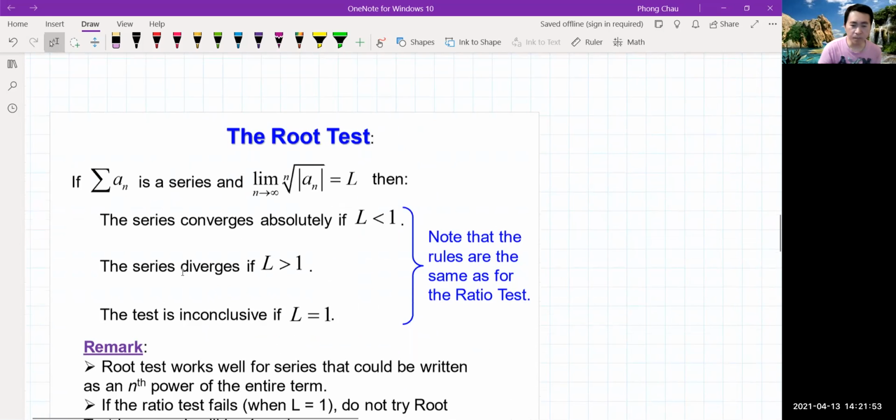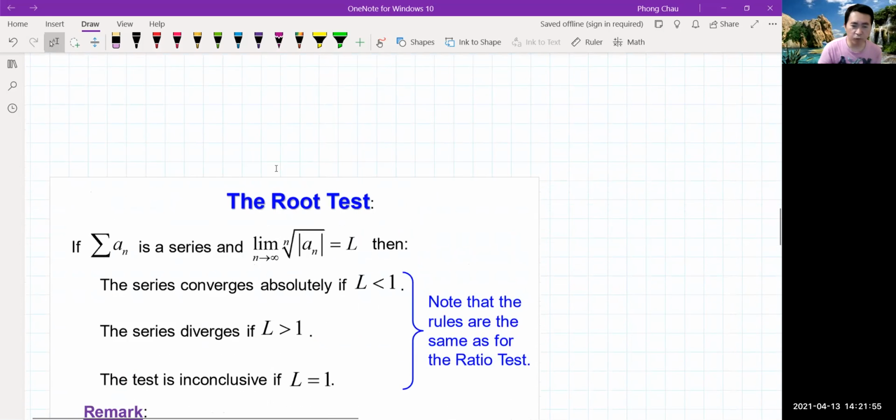Okay. Now, why do we use this test? Notice that we take the nth root of the term. So basically, the nth root will help simplify the formula when you have n powers, right? The square root of x squared is x. The cube root of x cubed is x.